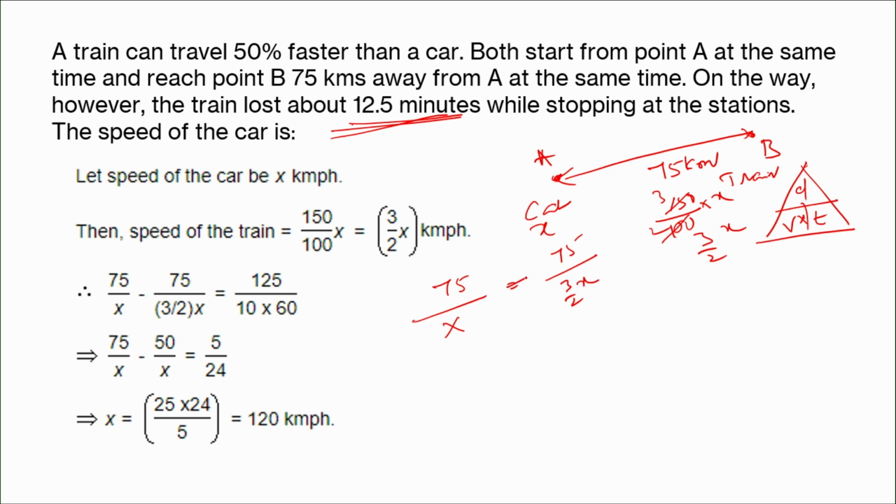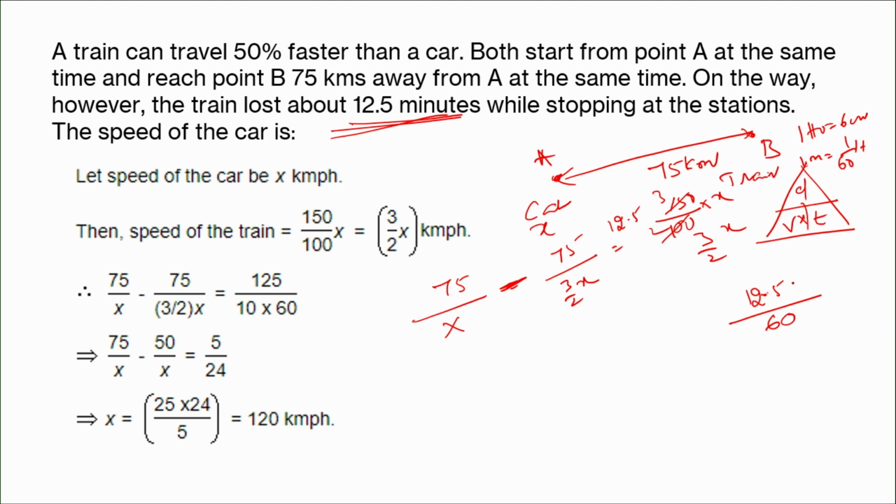The difference between these two is how much? It is 12.5 minutes. So, you have to convert 12.5 minutes into hours. 1 hour is equal to 60 minutes. So, 1 minute is equal to 1/60 hours. So, you have to divide by 60 to convert into hours.